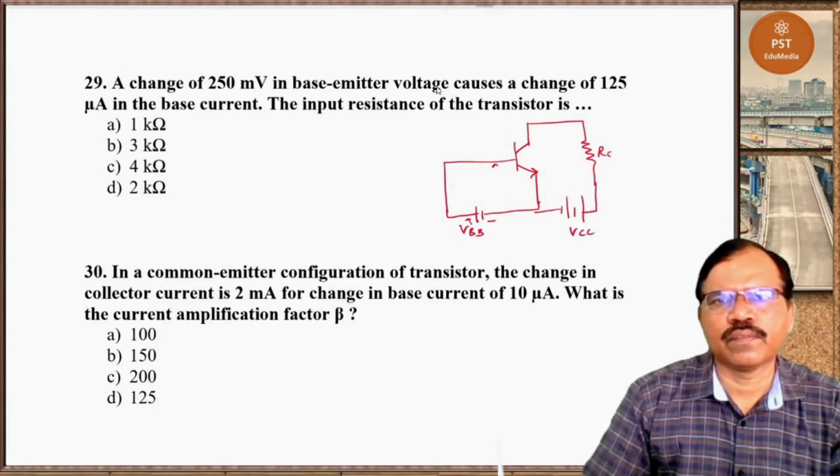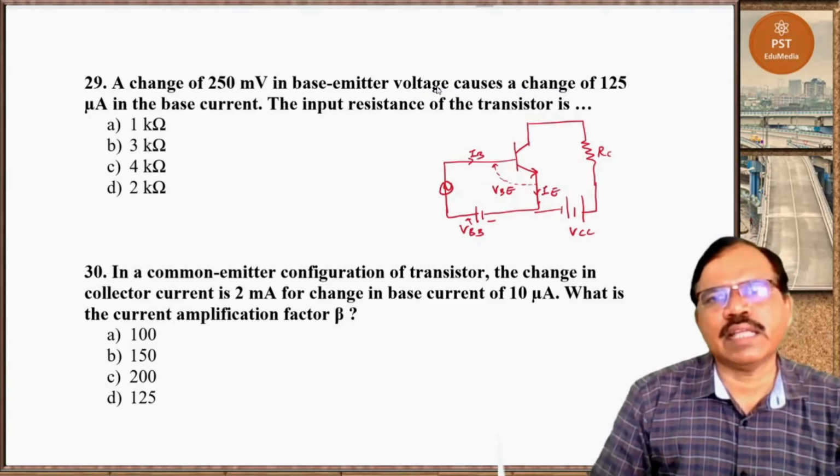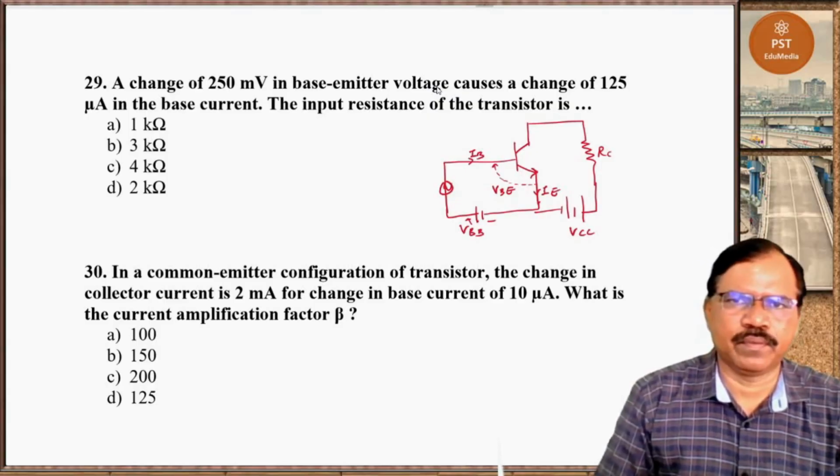Now here we give some signal, and between these two junctions we have VBE, and we get IB here, and we have here IE. Now the input current is IB and it flows due to VBE.